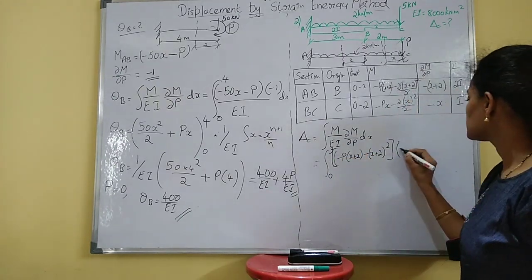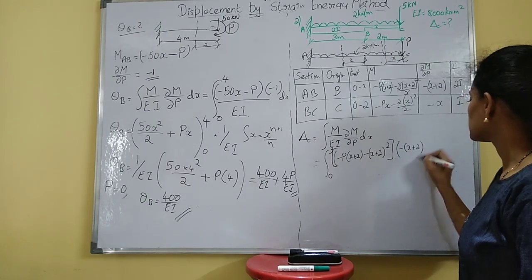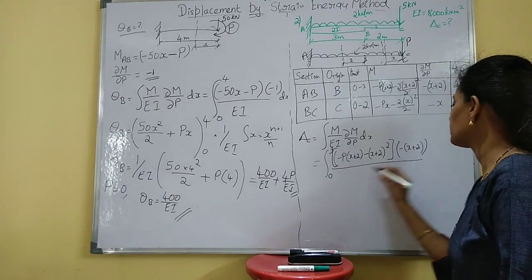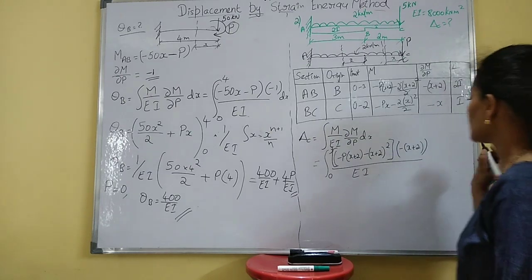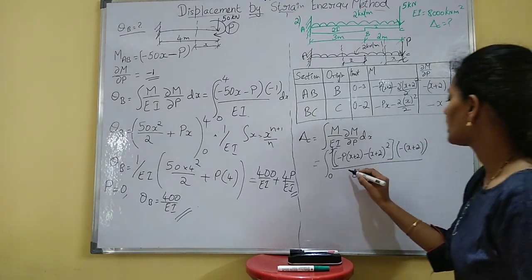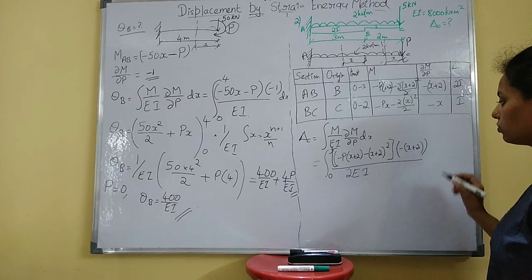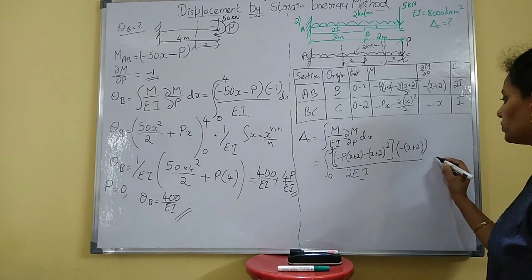dM by dP is minus x plus 2 divided by EI. Because I is 2I, you just substitute 2EI.